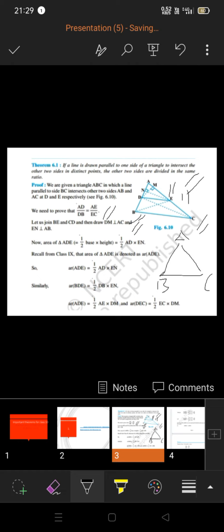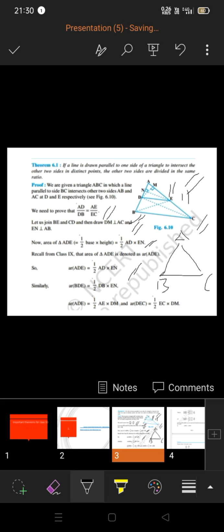Now, we should find the area of different triangles to prove the ratios are equal. First, let us consider the triangle ADE. Area of triangle ADE would be half times base into height, which would be half times AD into EN.